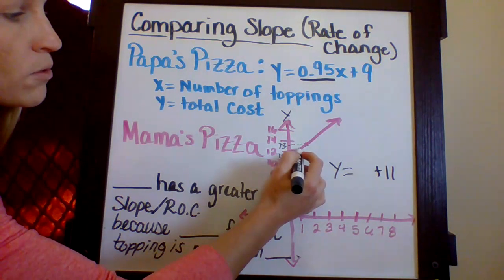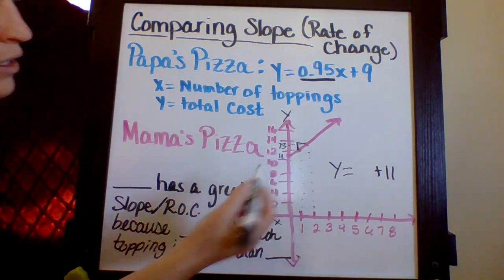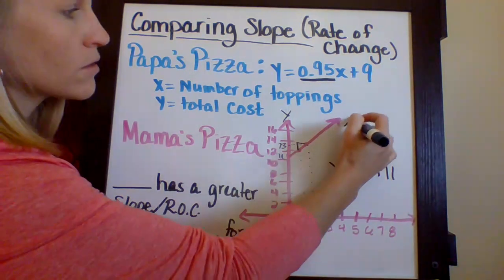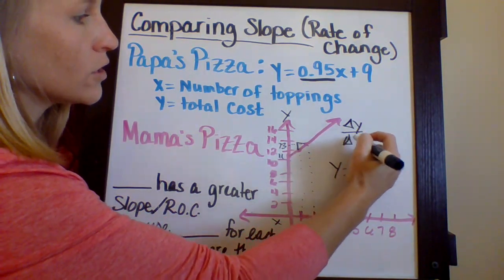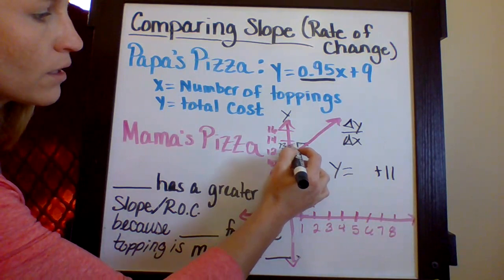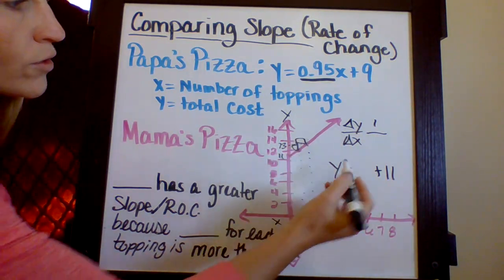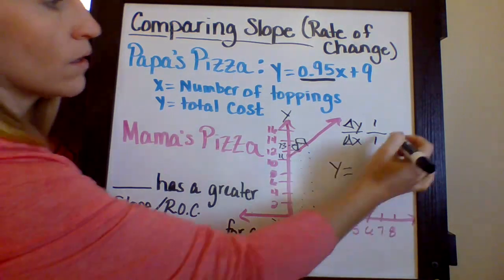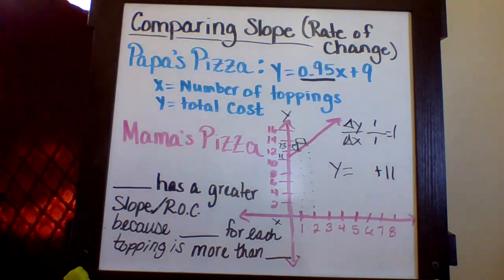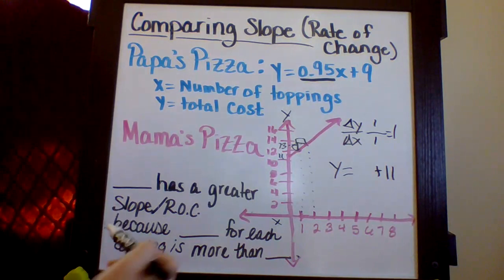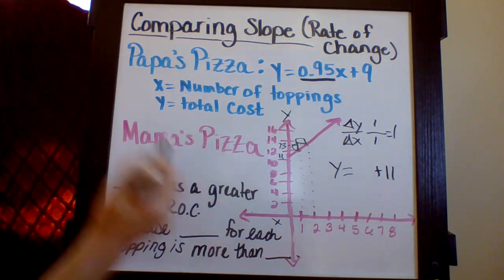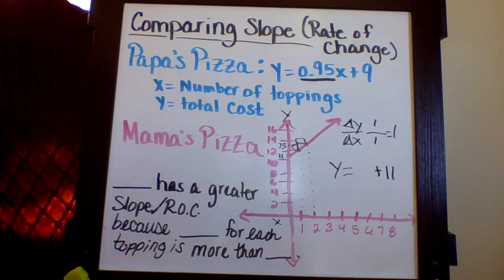So if this is a point, and I'm going to go up to here, remember that's change in y over change in x. So I went up 1, and I went over 1. 1 over 1 is 1. So that tells me that my rate of change, my slope, my cost per topping is $1.